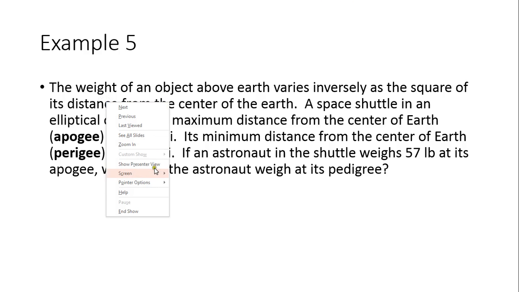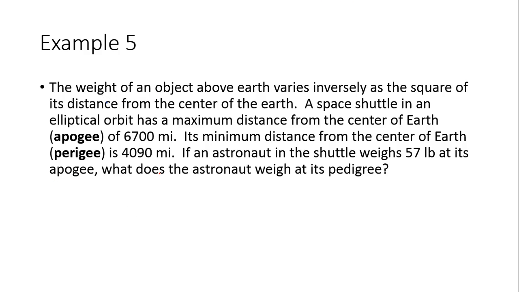Change back to red so we have some contrast here. It says the weight, and we'll call weight W, of an object above the Earth varies inversely as the square, so it's going to be W equals K over something squared. Distance, call that D. So it says a spatial elliptical orbit, as I've drawn in the figure on the next page.